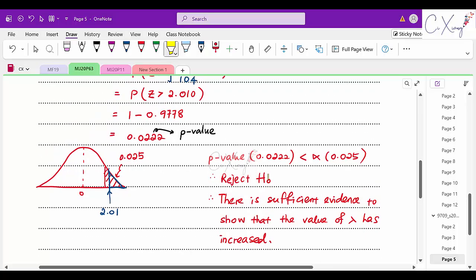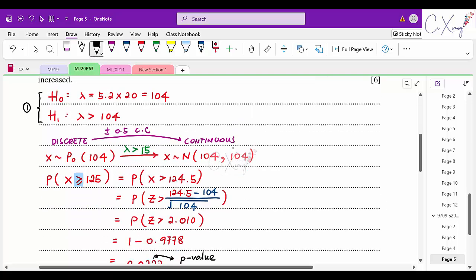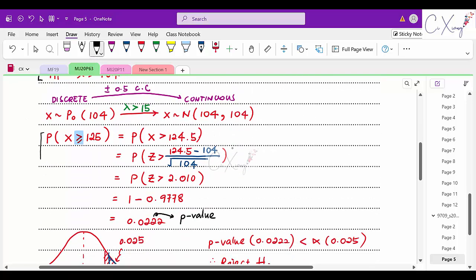Okay, so this is how we carry out the test. And just to remind you all, in the exam, please make sure that you show at least all the steps here. The very first step is, of course, the null and alternative hypothesis. Then the second step is the p-value that you get. But of course, some students are not getting the p-value, so they try to get the test statistic.